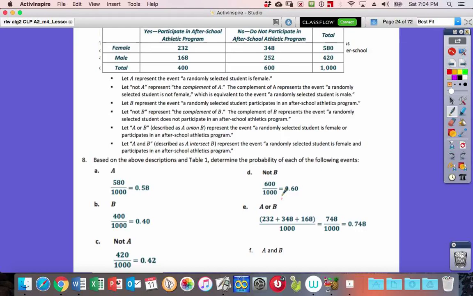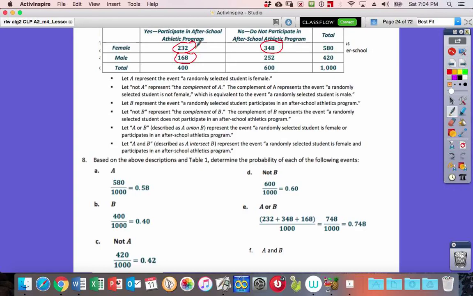They're going to add up, and let me go back and circle these again. They're going to add up the probability that they're female, which would be 232 plus 348, and they're going to add this in because they could be a male and participating. So the probability that A or B is you add up each of those and divide it by 1,000.